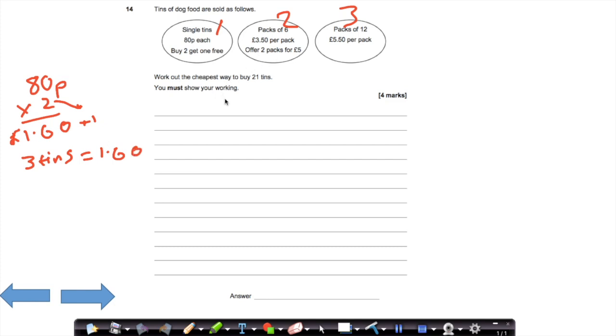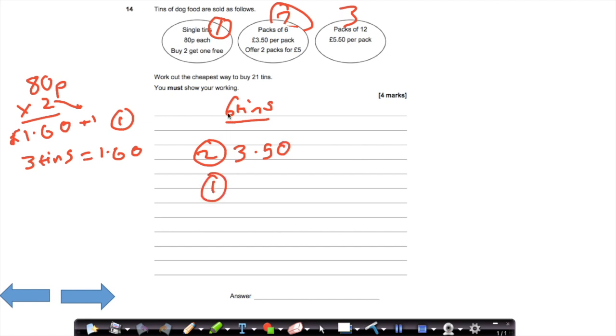If we compare that to our second offer, we're going to buy packs of 6. So straight away, we need to say how much does it cost for a pack of 6. It tells you that for 6 tins, offer number 2 is going to cost you £3.50.